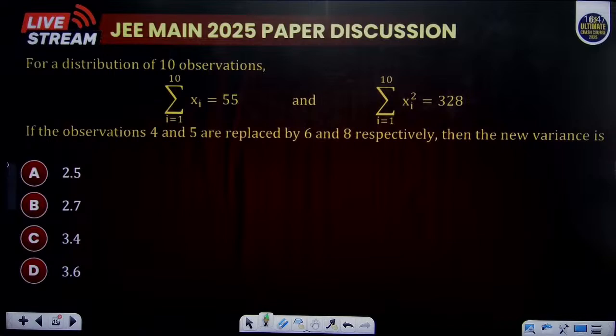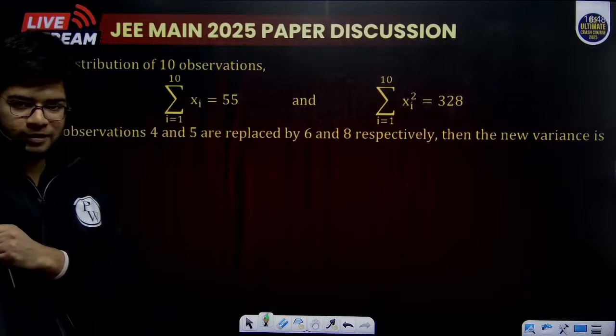So again, straightforward question from statistics. Sigma xi is given, sigma xi square is given, observations this and this are replaced with 6 and 8. Then we can find the new mean, and then you can find out new variance, right?